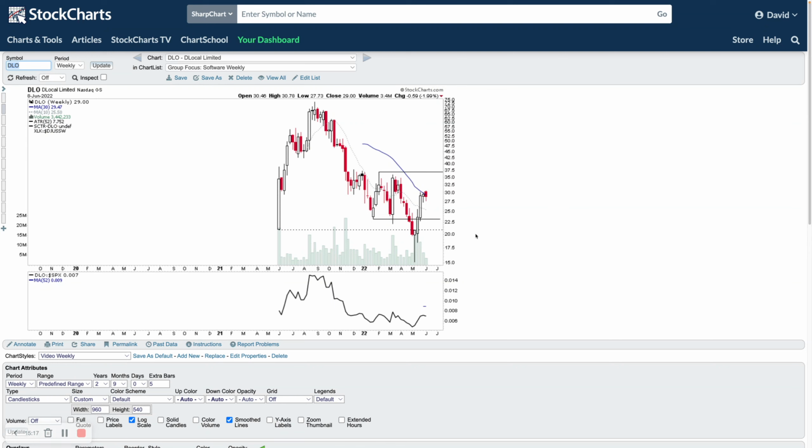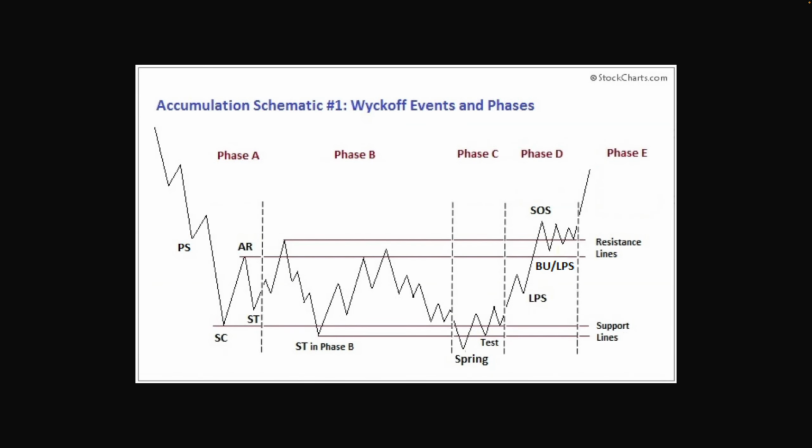In terms of actually looking for base structures, I didn't actually go into this quickly here. So if we go to the Wyckoff accumulation schematic, so this is the accumulation schematic number one that you can find on StockCharts and Wyckoff Analytics or in any good Wyckoff book.